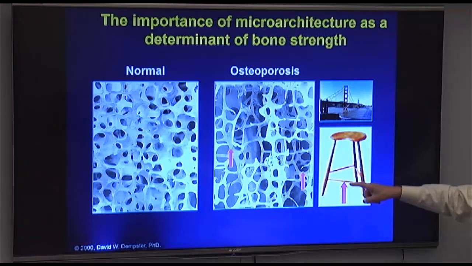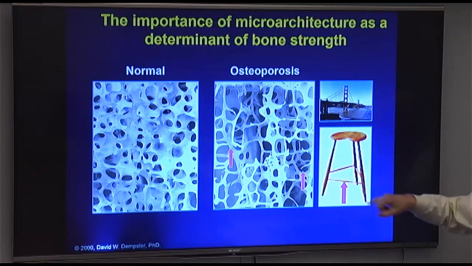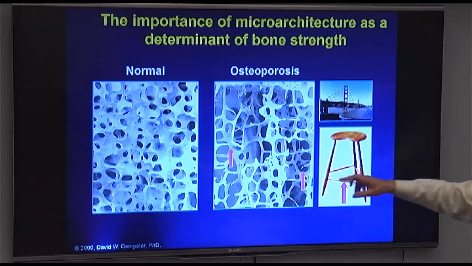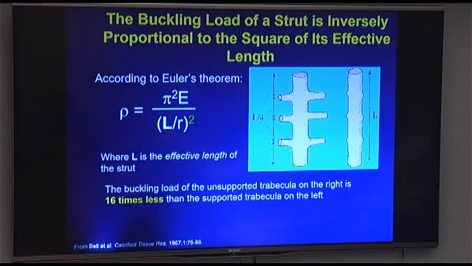I know you've been on three-legged stools, and if one of these is loose, it's a pretty rickety stool. Next time you sit on a stool and it's rickety, you'll find out that one of these horizontal struts or plates is loose, and that makes the rod very unstable. So similarly, we're dealing with a microstructural fallout of these horizontal plates. And this is a theorem that speaks to this discussion.